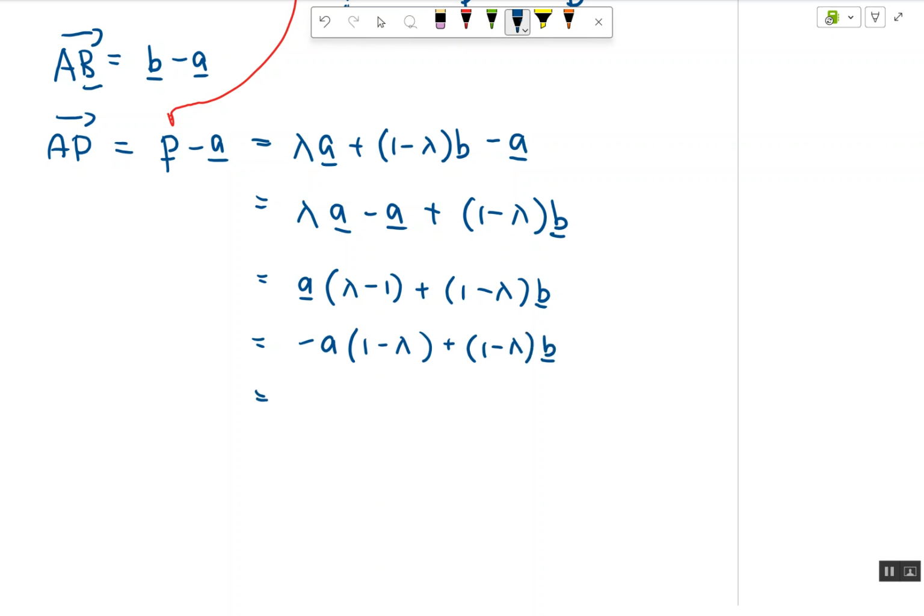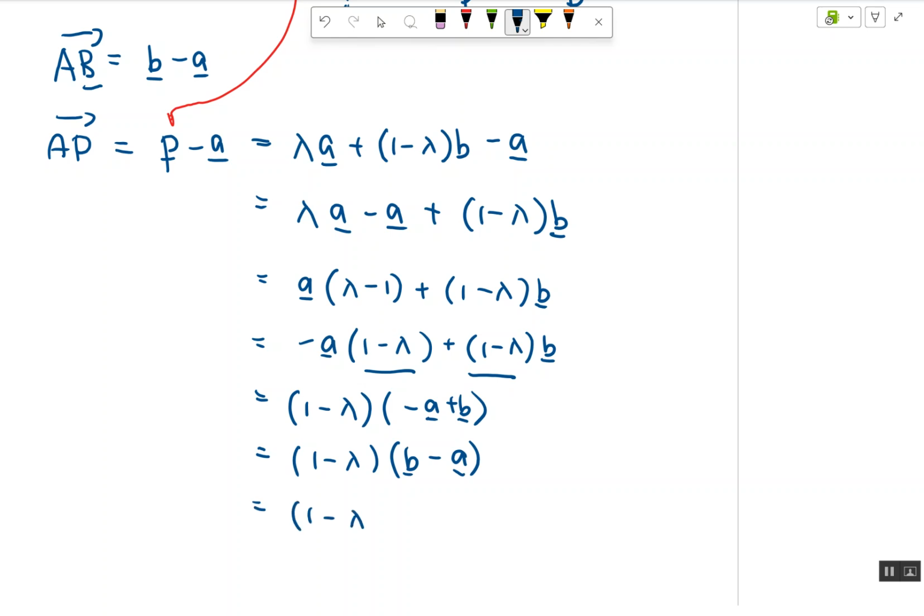Factorization by grouping. Take out 1 minus lambda. You are going to be left with minus a plus b inside. What is minus a plus b? Minus a plus b is the same as b minus a, which is just AB. I should underline all my a's and b's. So this is (1 minus lambda) times AB. What have I shown?